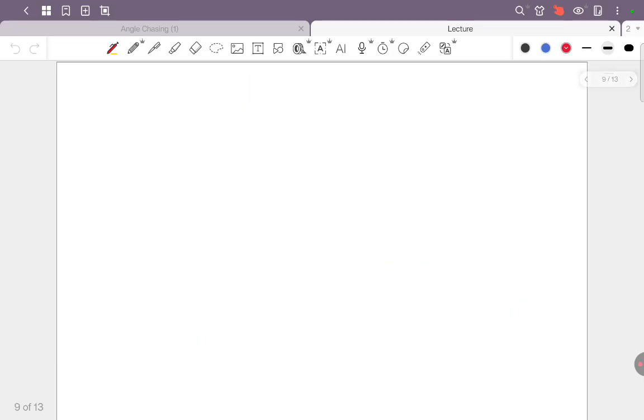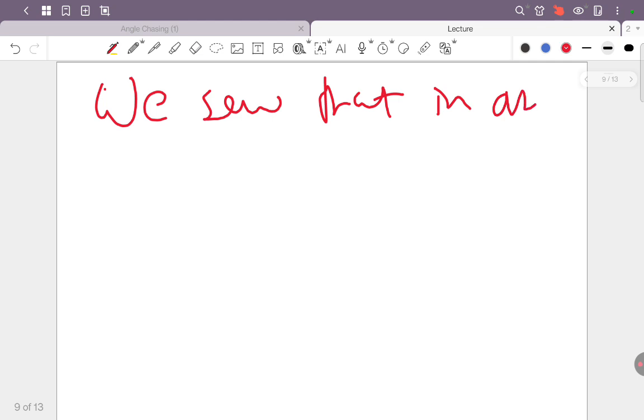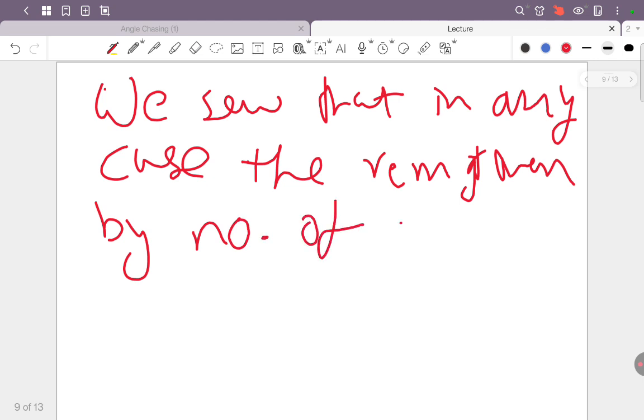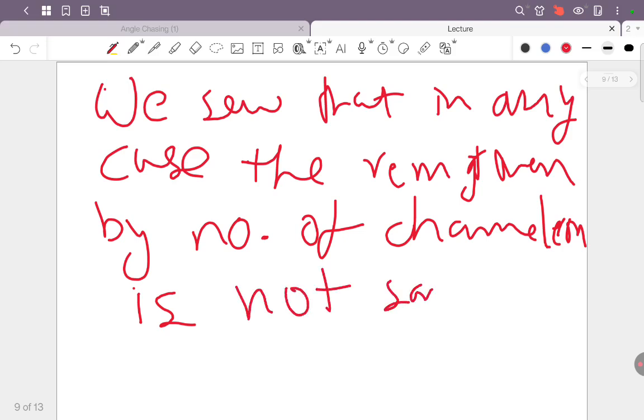Let us move on. So what did we see? We saw that in any case, the remainders given by the number of chameleons are not the same for any two.